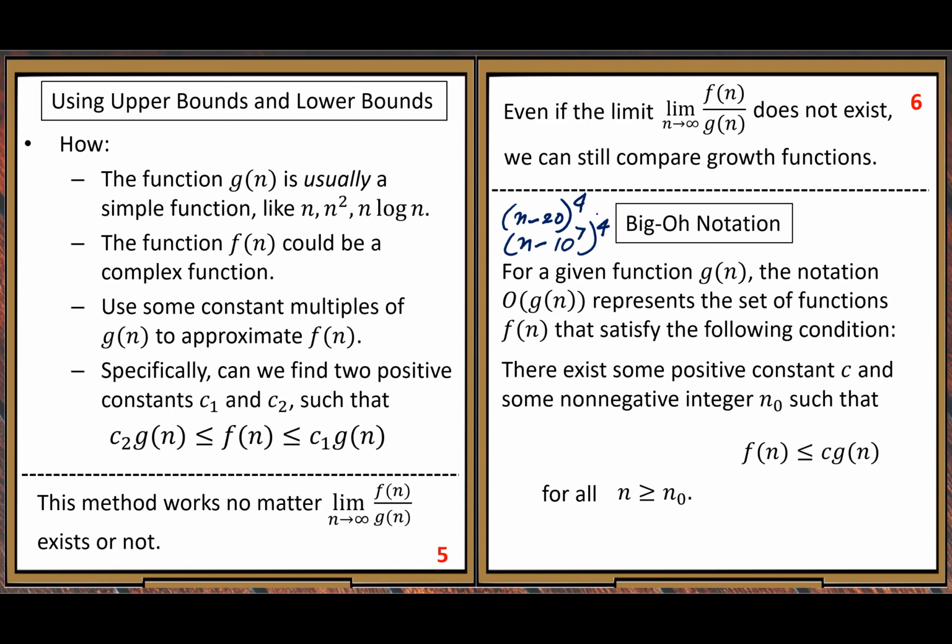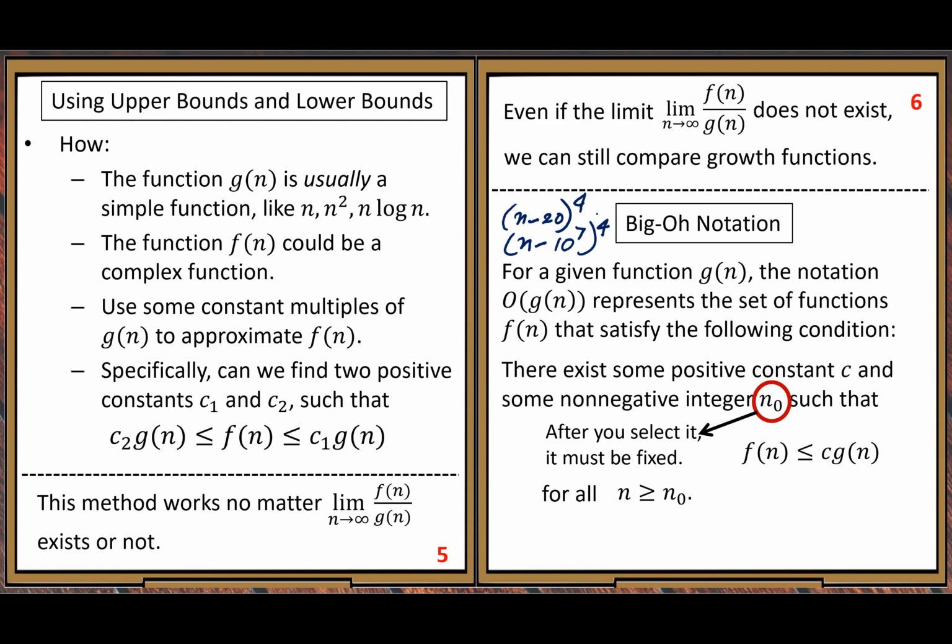So let's continue. That little n0 plays an important role. And here, let me talk about this little n0 a little bit. When we select little n0, in that example, we can select 20.